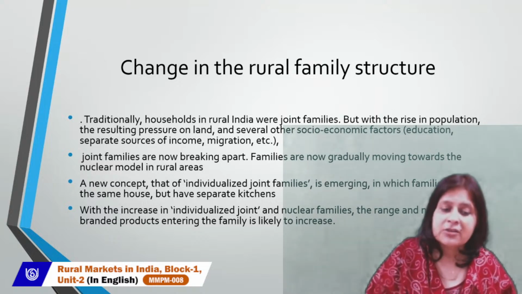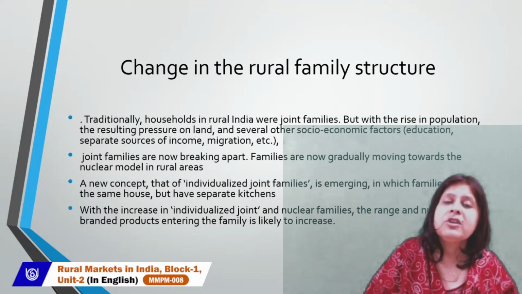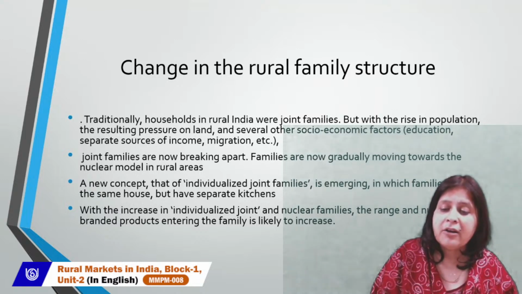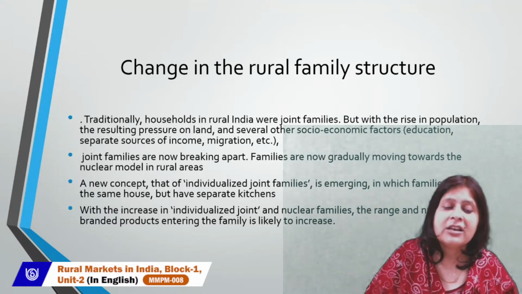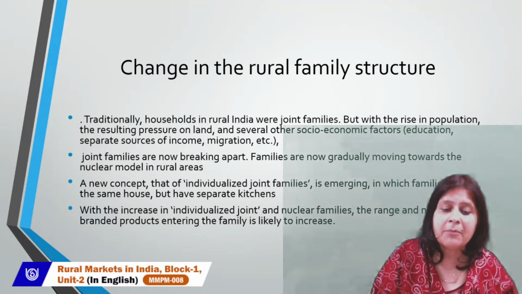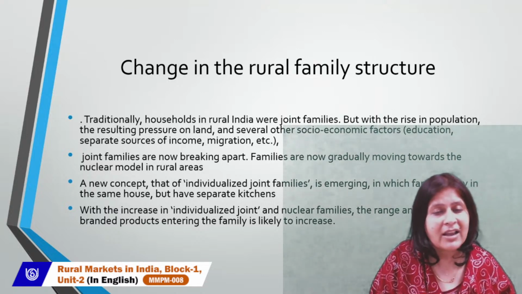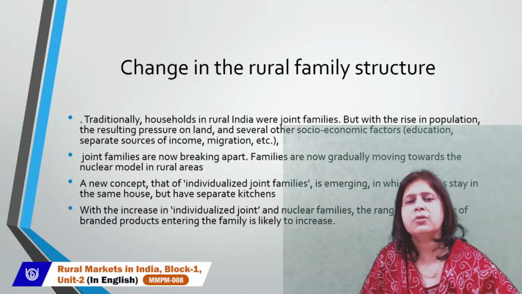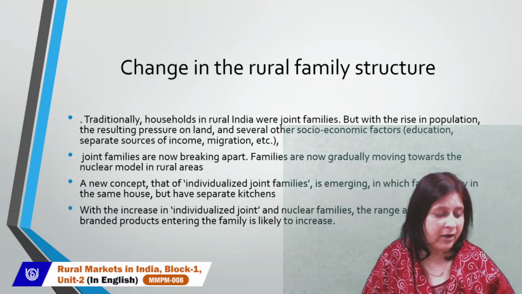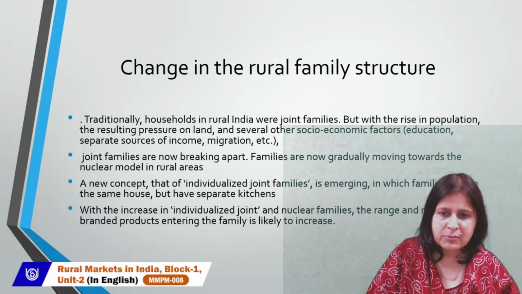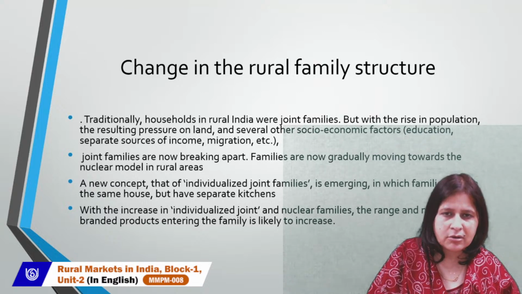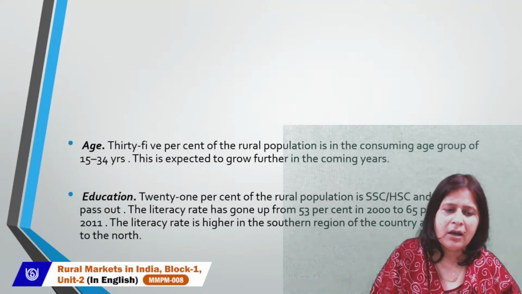So with the increase in individualized joint and nuclear families, the range and number of branded products entering the family is likely to increase, right? So the demand for products is on the rise because of the individualized family and other factors.